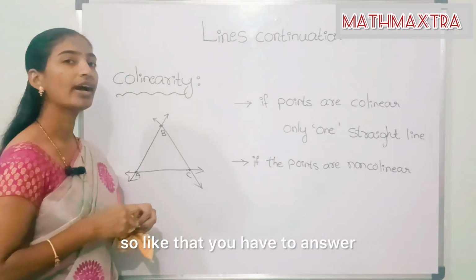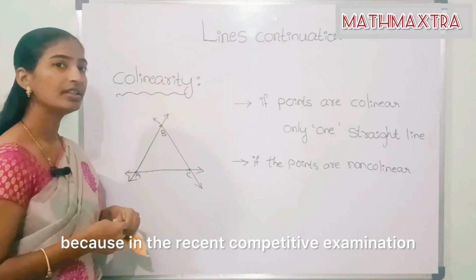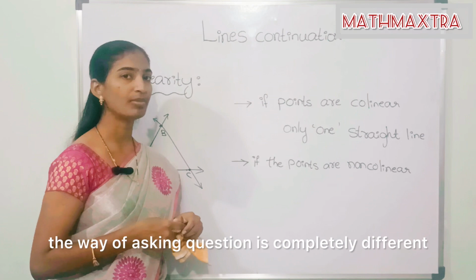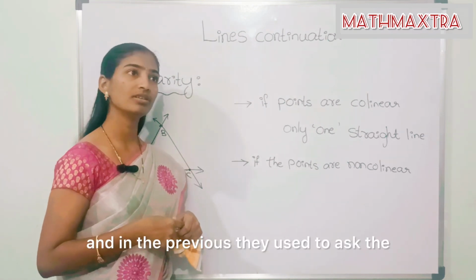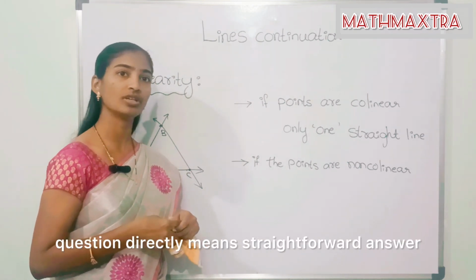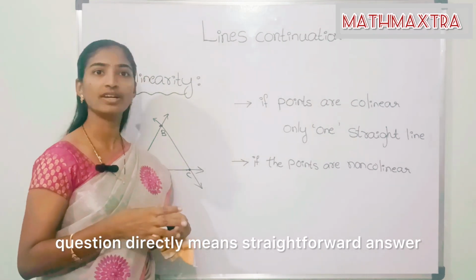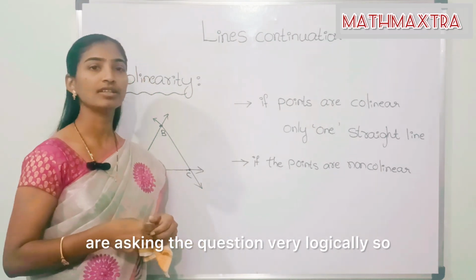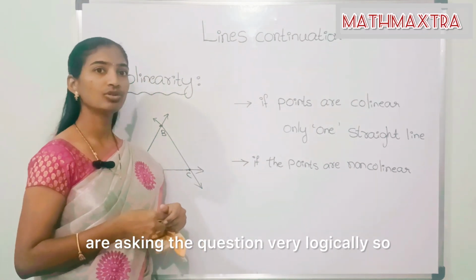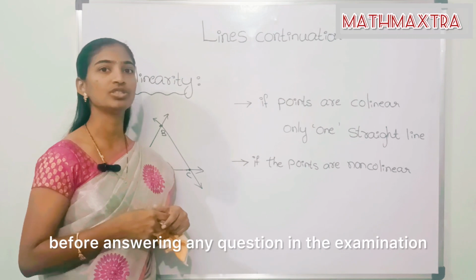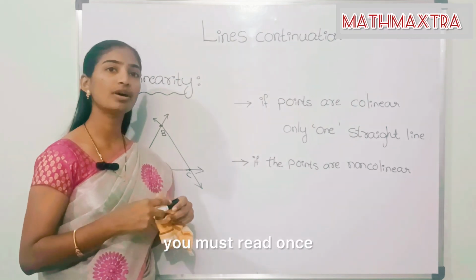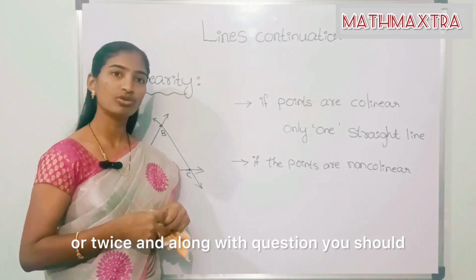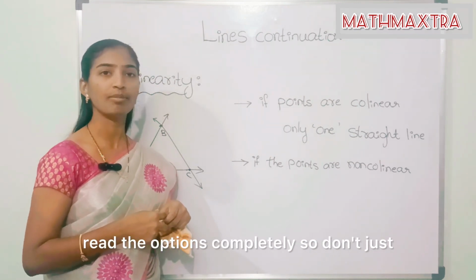So like that you have to answer, because in recent competitive examinations the way of asking questions is completely different. Previously they used to ask the question directly, a straightforward answer, but now the trend has completely changed. They are asking questions very logically. So before answering any question in the examination you must read it once or twice, and along with the question you should read the options completely.